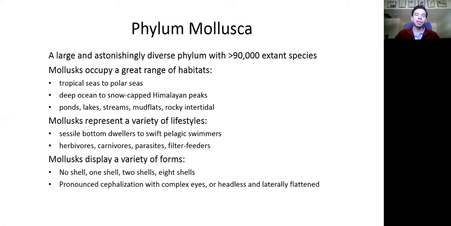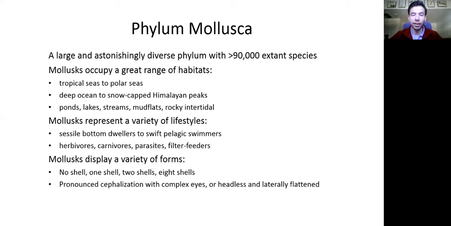Also, mollusks display a variety of forms. Some of them have no shell, like the cephalopods, octopuses and squids. Some of them have one shell, like the gastropods, the snails. Some of them have two shells, like the bivalves, the clam.